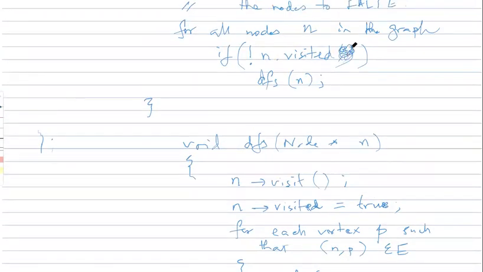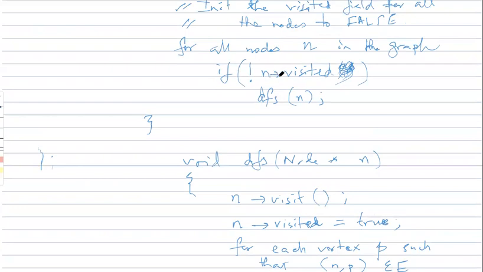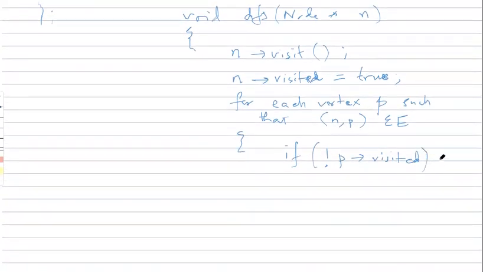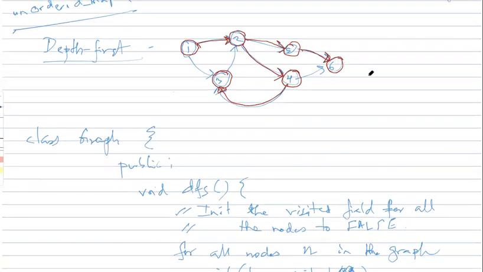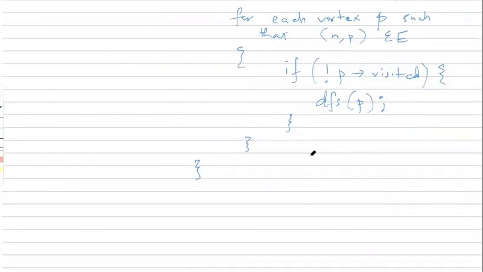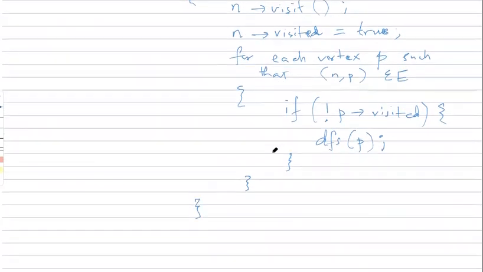This is just to keep things simple and consistent. So if p is not visited already, then we want to call recursively the DFS on p. And that's about it. And we are done, because this is the one that is actually recursively visiting. So the DFS algorithm, as you can see, is very simple.